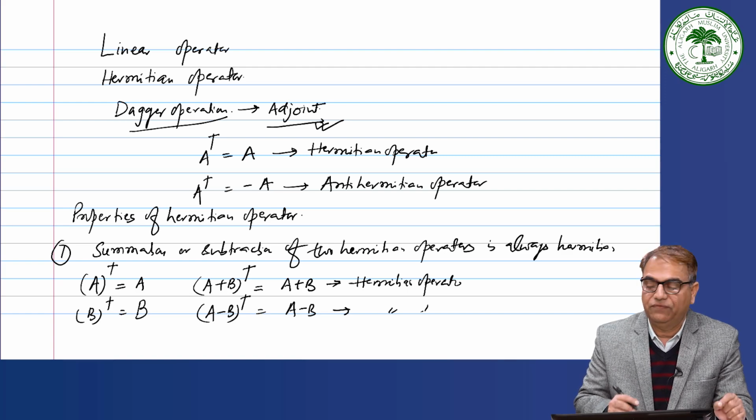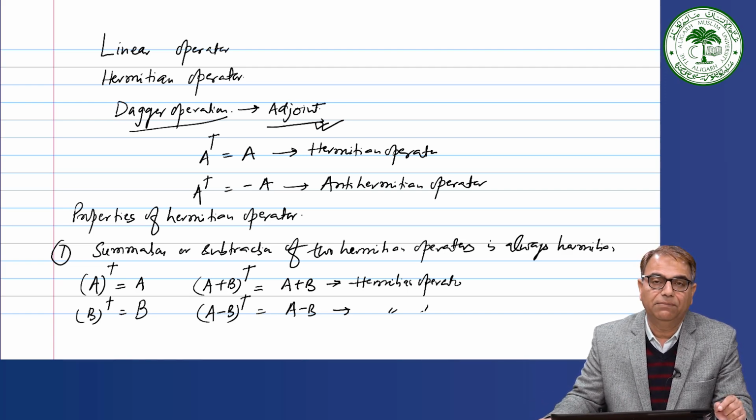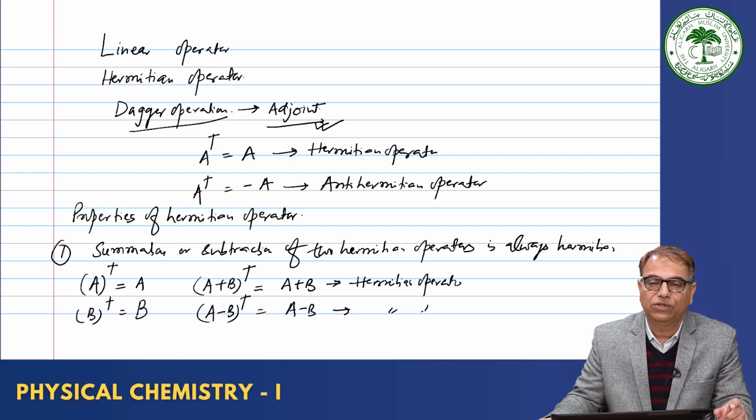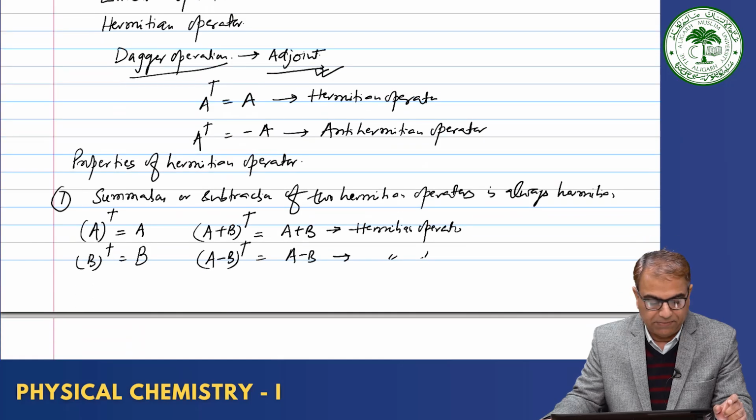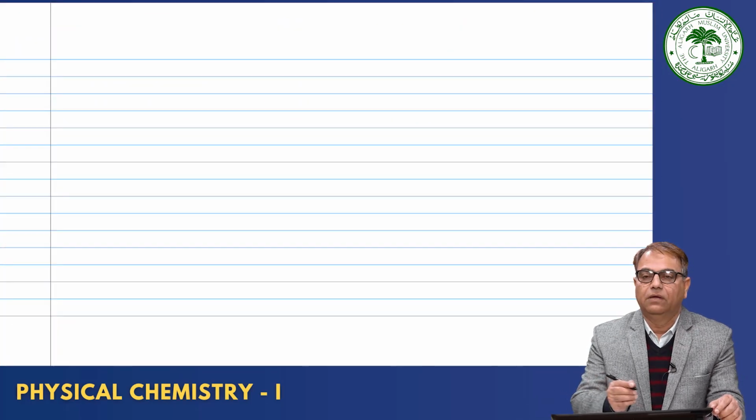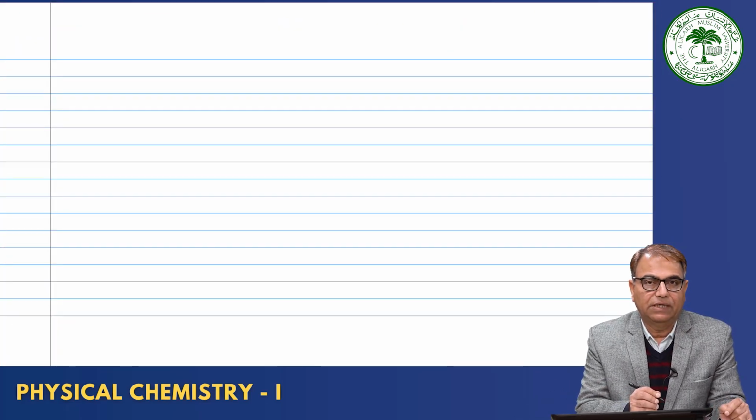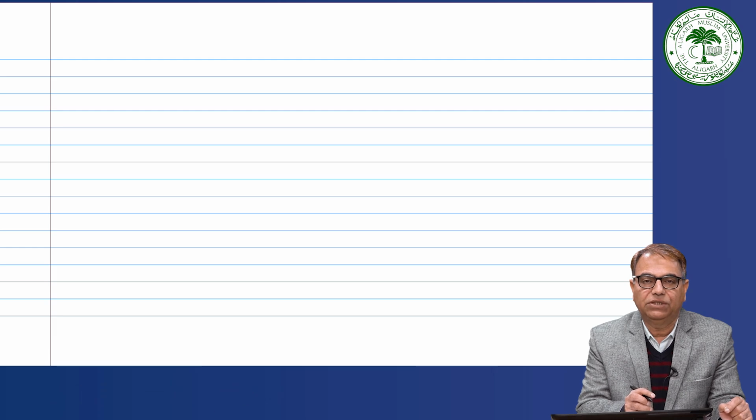So, the first property is that if you sum two operators which are Hermitian, then the sum is also a Hermitian operator. If you subtract two Hermitian operators, then the subtracted operator is also Hermitian.